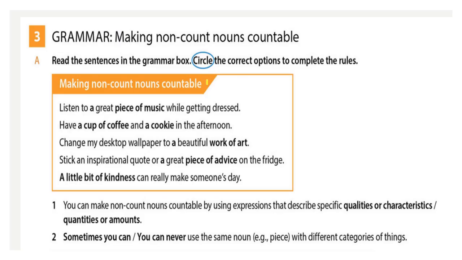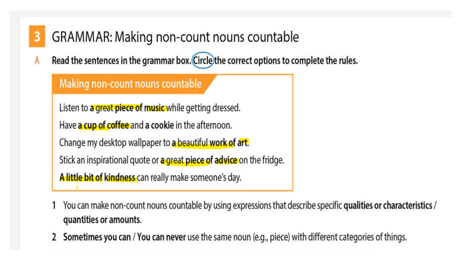In the examples here you see the uncountable nouns, right? You see music, coffee, art, advice, and kindness. And you also notice the expressions in front of each noun, right? You see a piece of, a cup of, a work of, a piece of, a little bit of.